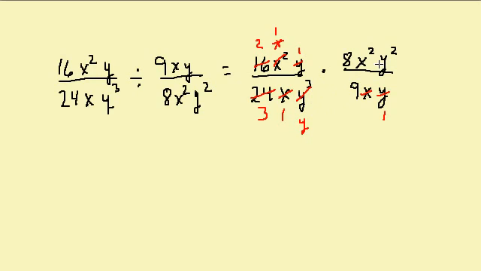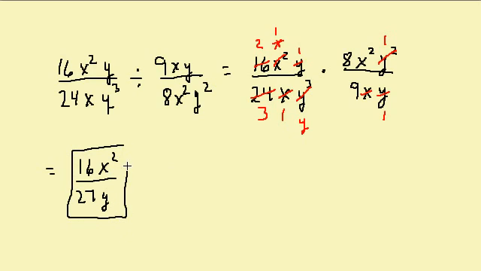We're left with a y, and here we would be left with a 1. So now we're left with 2 times 8 is 16 x squared over 3 times 9 is 27 y, and there's our answer.